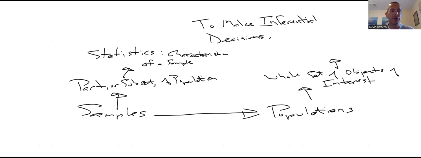Your sample is all the Subarus that are on the turnpike, and that's a subset of all the cars that are on the turnpike. So their average speed, that's a characteristic of a sample, right? That's a characteristic that becomes a statistic. 70 miles an hour, that's an average speed of your sample. So that's a characteristic of it.